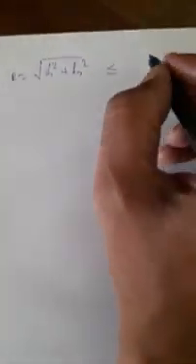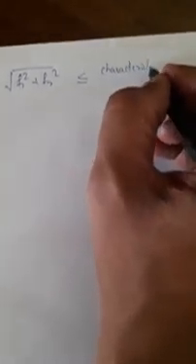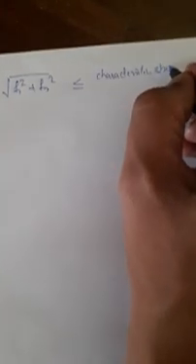Now I have to find the resultant and equate it to the characteristic strength. Resultant R is equal to root of F1 square plus F2 square, and for the joint to remain stable, this resultant R should be less than or equal to the characteristic strength of the weld.